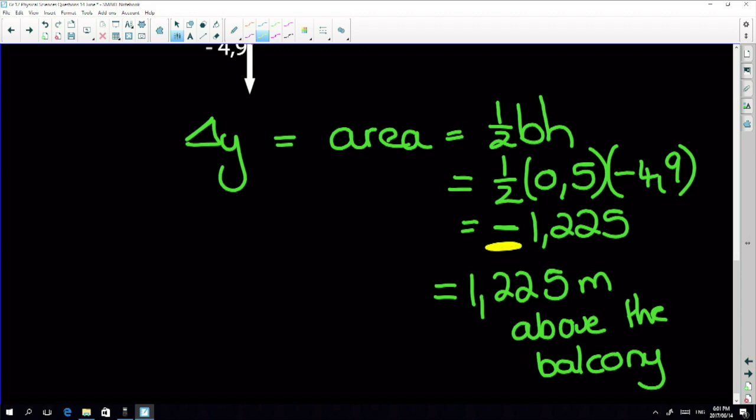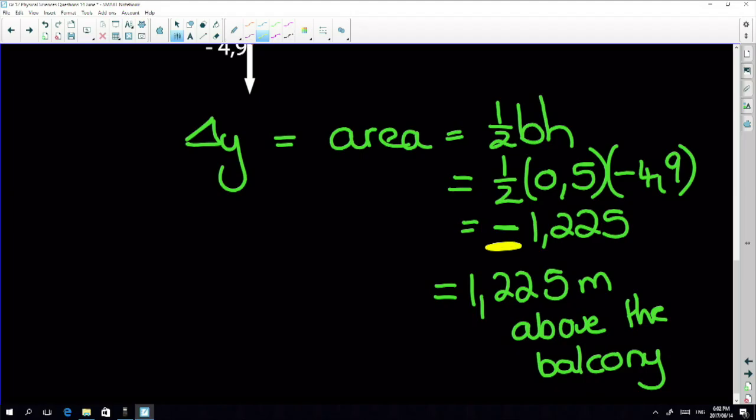That's why I get negative 1,225. It's exactly negative 1,225, which I then change to a positive number. I'm going to leave the 3 decimal places. Your exam says round off to at least 2 decimal places. That means minimum 2 decimal places. The more decimal places you round off to, the more accurate your answers become. But the 1,225 I'm going to leave because it's exactly that. It makes life a lot easier.